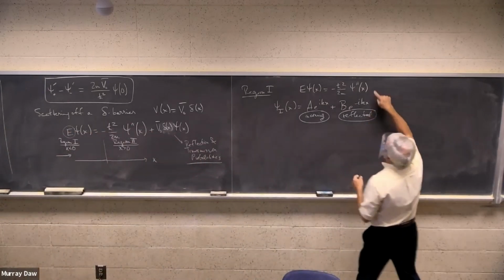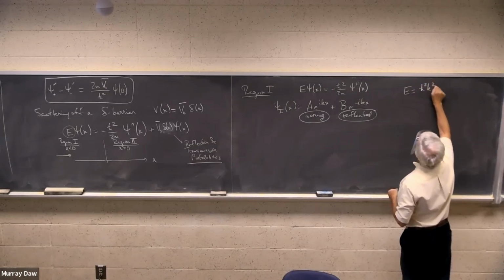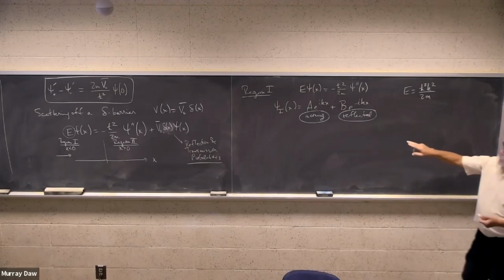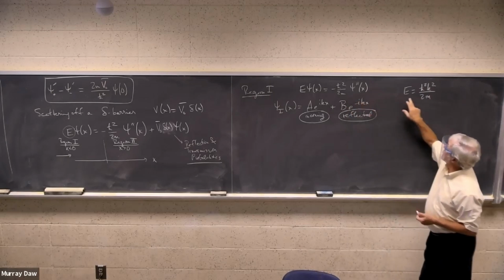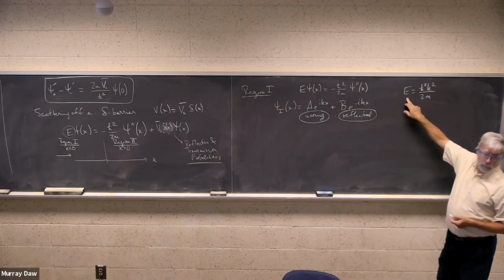Okay, but for this to be a solution here, we have to have this relationship. Substitute either one of these or both of them into this, and it gives you this condition between wave number and energy. The energy specified at the setup.